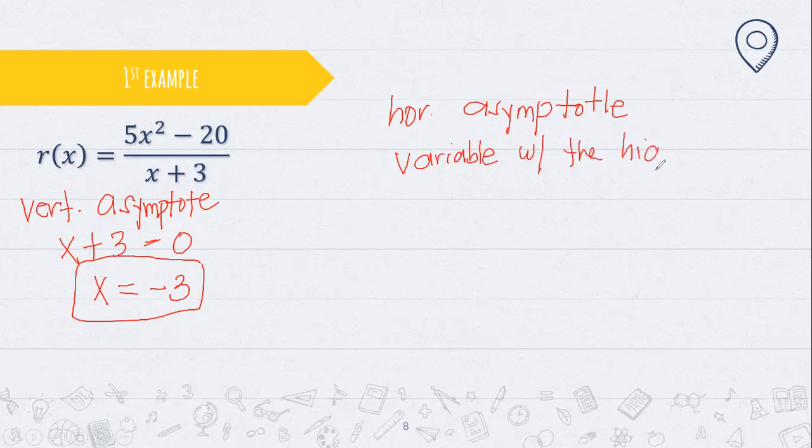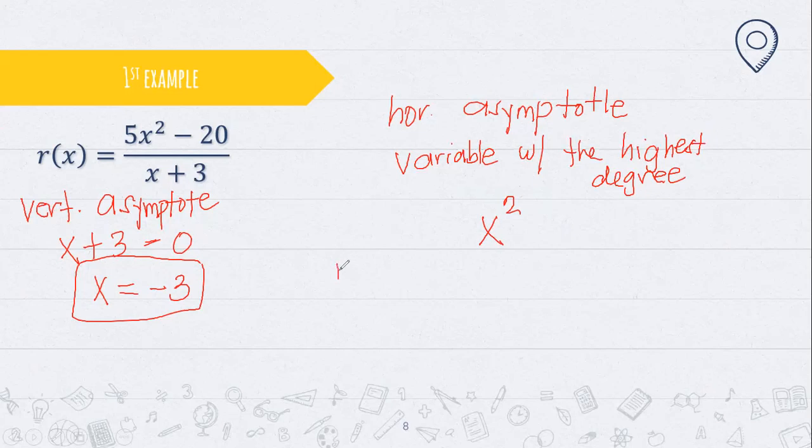Ang variable with the highest degree is yung variable x na merong pinakamalaking exponent. Diba? Ang degree is the number of the highest exponent. Okay. So ang variable with the highest degree is x. Dito sa ating function, ano yung pinakamalaking exponent? We have 2. So x squared. Siya ang variable with the highest degree.